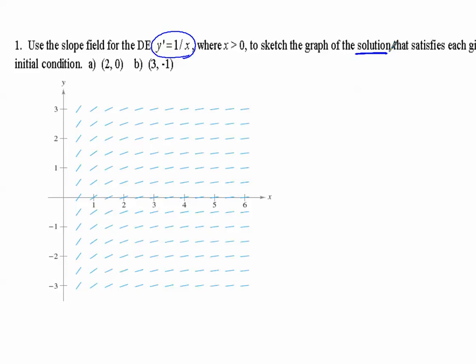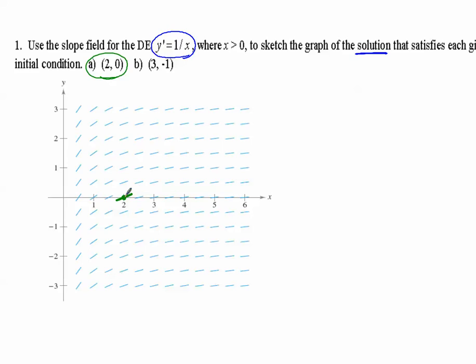First initial condition is the point 2, 0. So we go to our graph and we find the point 2, 0. There's our initial condition. Right on top of that point, I see a little tangent line. I'm going to trace right over top of that tangent line.